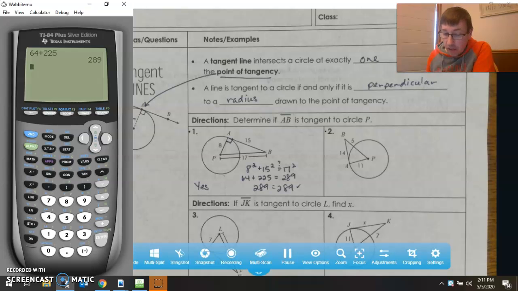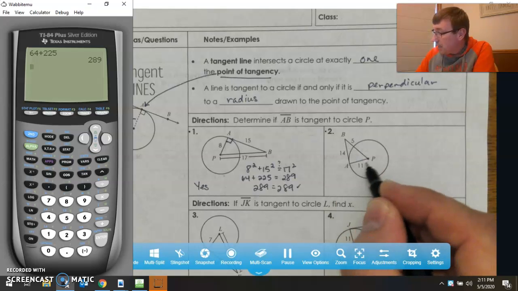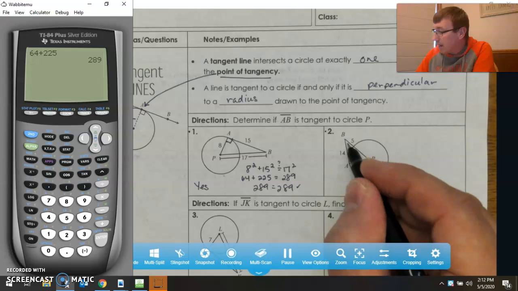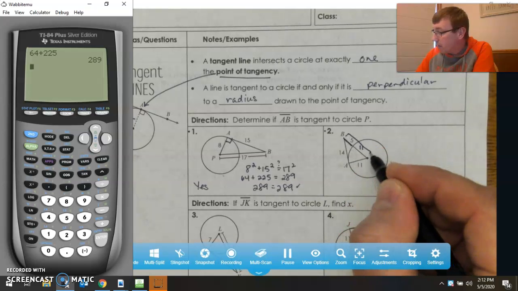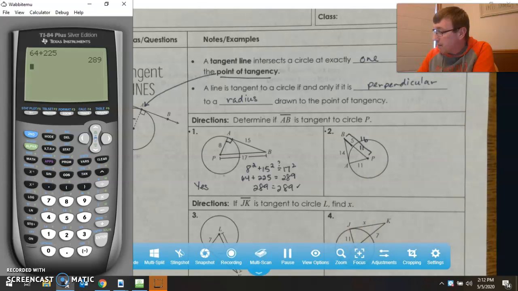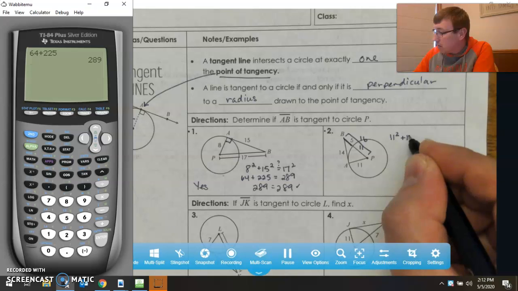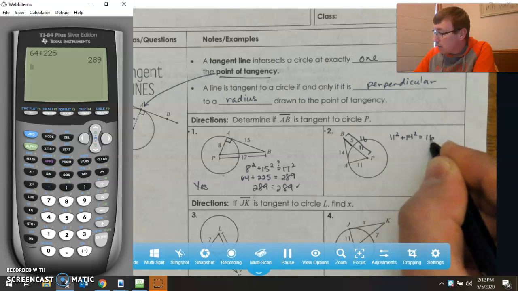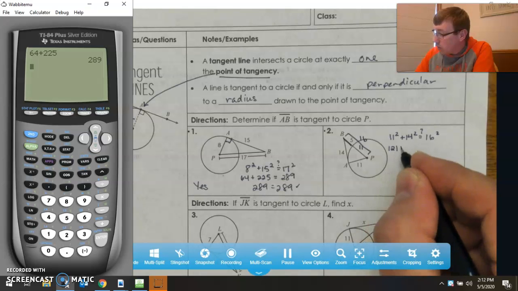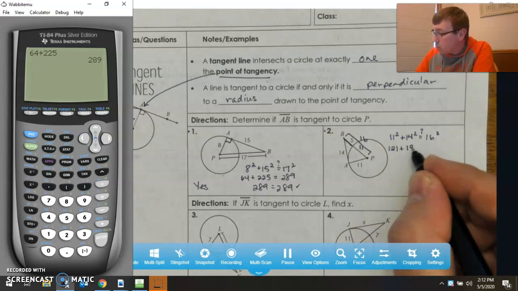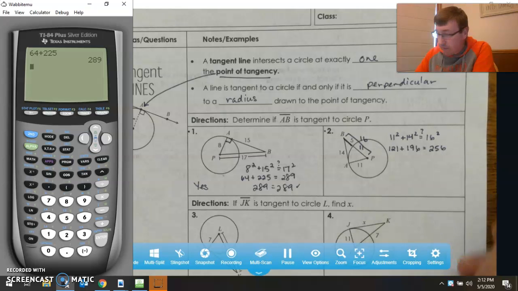Now if we take a look at letter B, I know that this is 14, the radius is 11. However, this outside length here is 5, which means this is 11. So the whole thing is 16. So my two sides here, let's see if this is true. 11 squared is 121, 14 squared is 196, and 16 squared is 256.